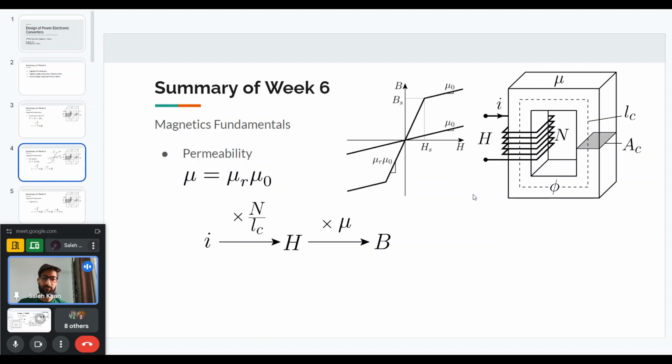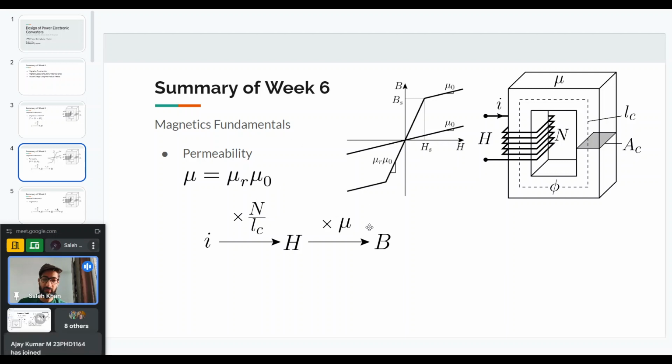The permeability of a core material is the product of the permeability of free space times the relative permeability. The permeability of free space is a very small number in SI units, 4 pi times 10 to the power minus 7.